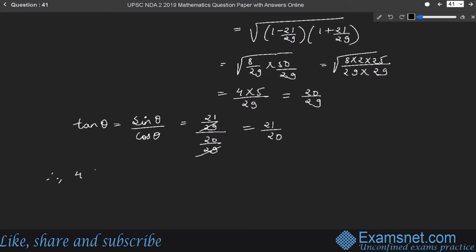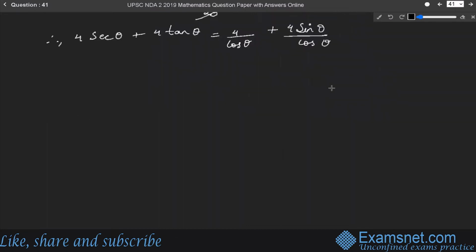Therefore, 4 sec theta plus 4 tan theta is equal to 4/cos theta plus 4 sin theta divided by cos theta. So this will be equal to 4 divided by (20/29) plus 4 into 21/20.